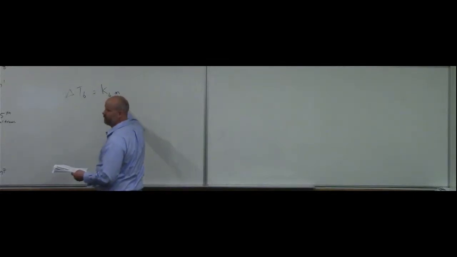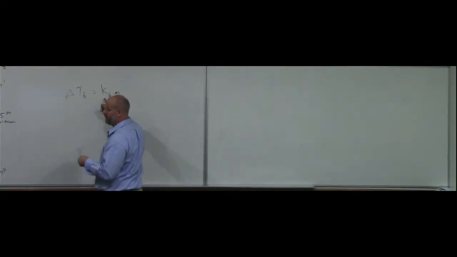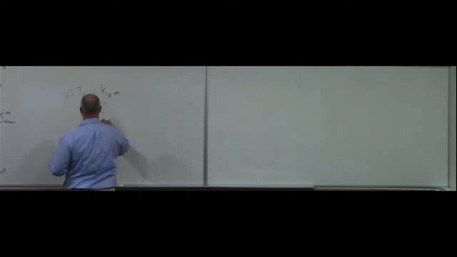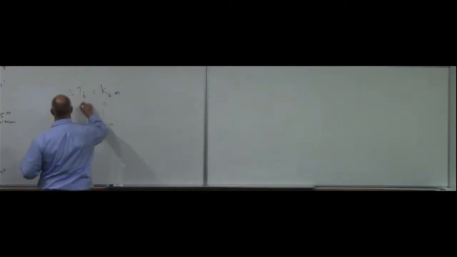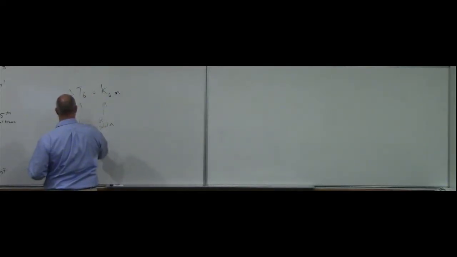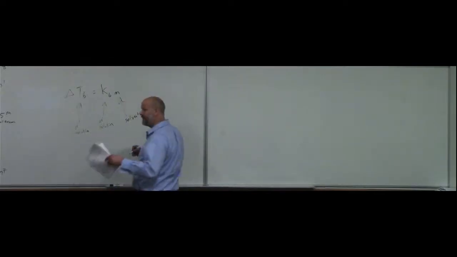Well, it depends on how many molals I have of it. And I multiply that by a constant. Now this boiling point constant has nothing to do with my solute. This has everything to do with my solvent. And remember, it's independent of the identity of the solute.